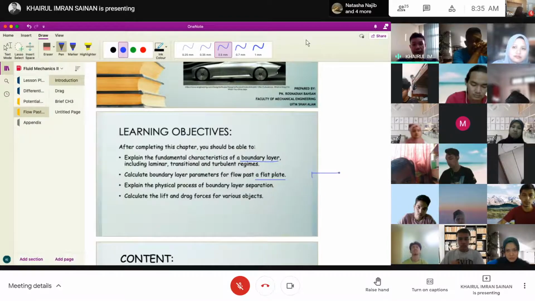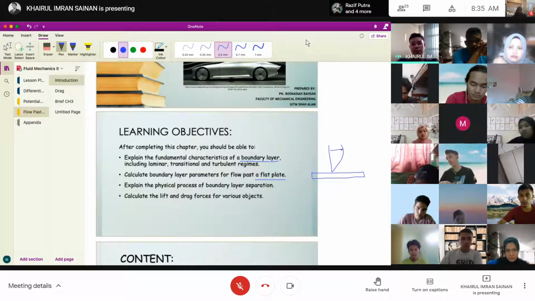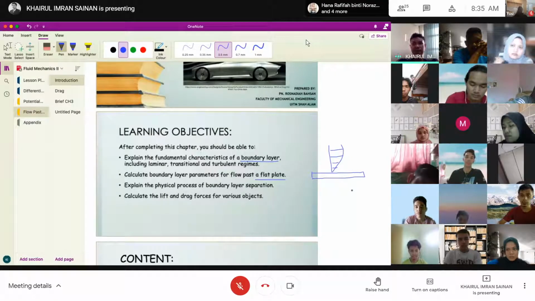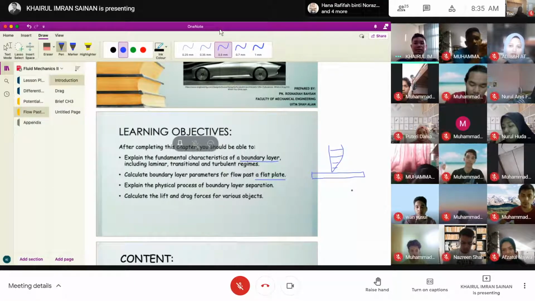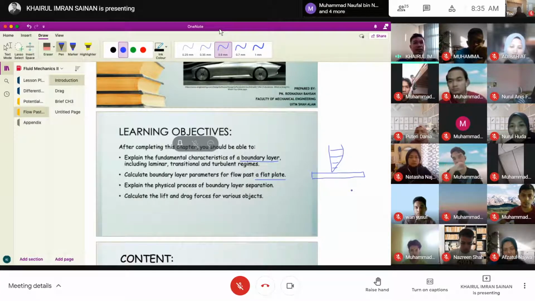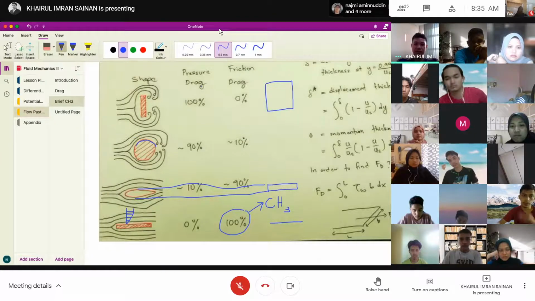Whatever happens on the flat plate, either laminar flow, turbulent flow, transition flow, everything, what the profile looks like. So we are not going to study the shape, the frontal area, or how to calculate the drag in terms of shape, right? No.